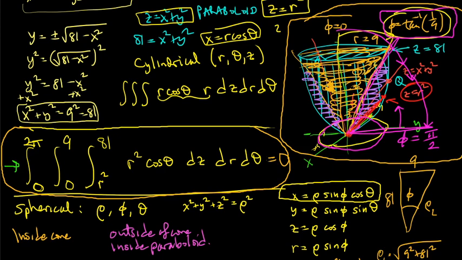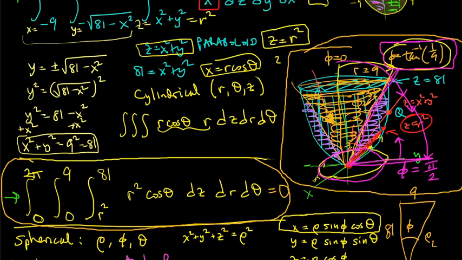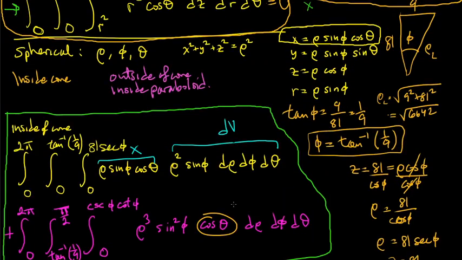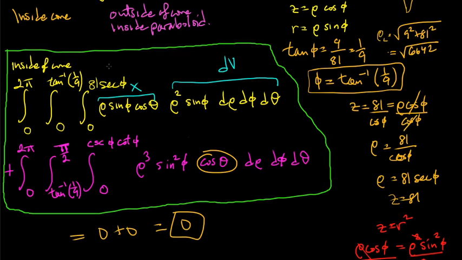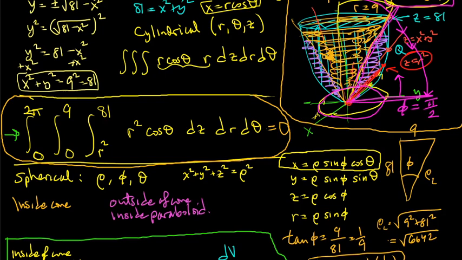Paraboloids are not as nice as spheres or cylinders or cubes, but they do come up, and the stranger the surface, the more difficult it is to figure out how to convert it to, say, spherical, because this paraboloid here is not spherically symmetric.